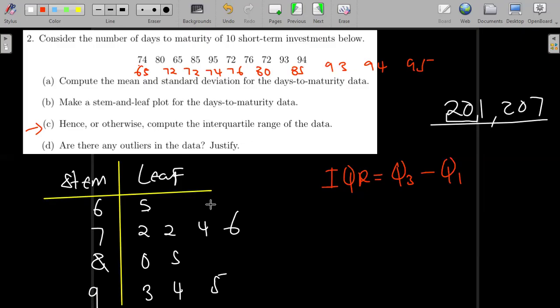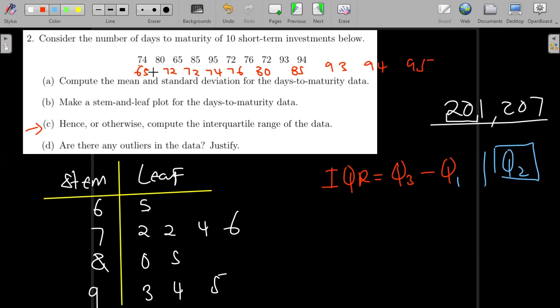So we're going to use a special technique here. This data here, I've organized it in order, okay? So for me to find the Q3 and the Q1, I first have to find the Q2. So the Q2 is just the median of the data. So how do I find the median?